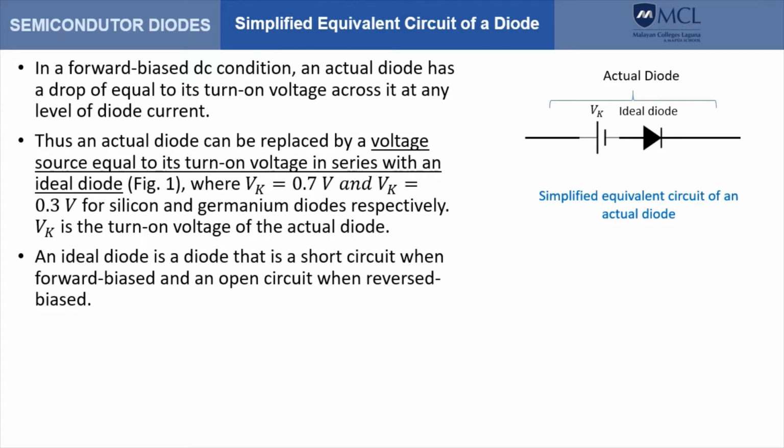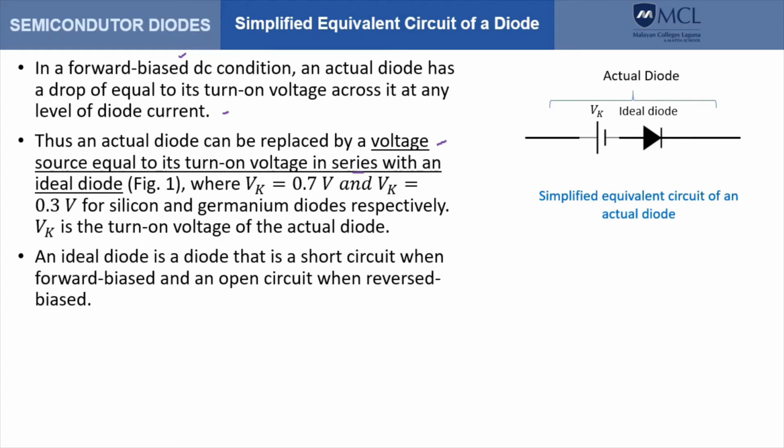When a diode is in a forward bias condition under DC, that means it is connected to a DC source. The actual diode has a voltage drop equal to its turn-on voltage at any level of diode current. This means that in a forward bias condition, that diode can be replaced by a voltage source equal to its turn-on voltage in series with an ideal diode.